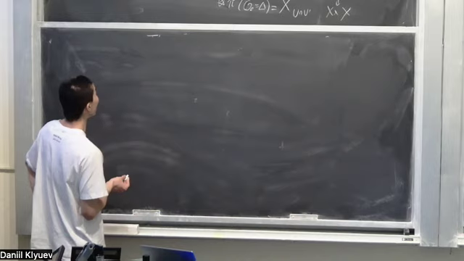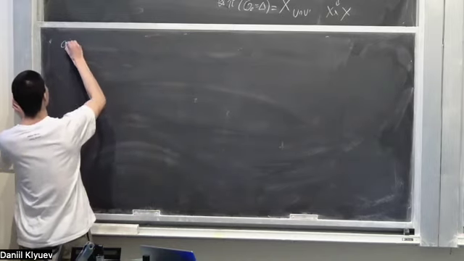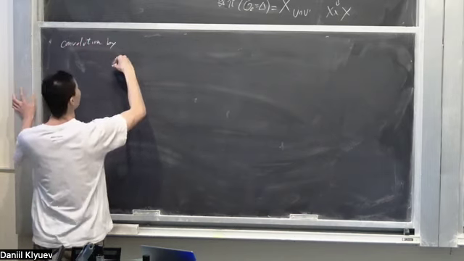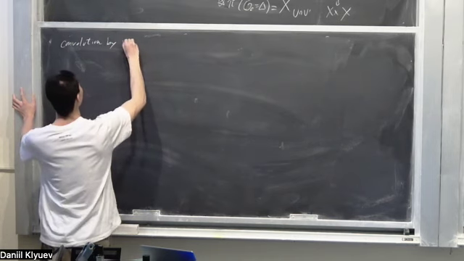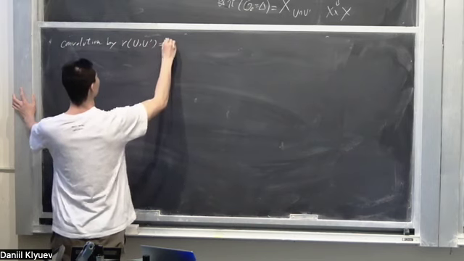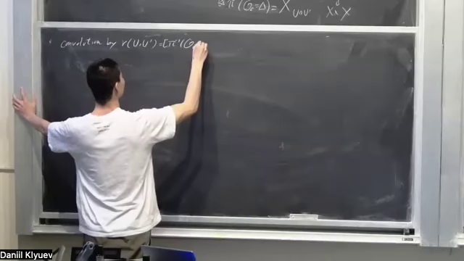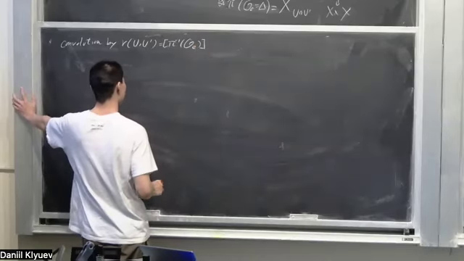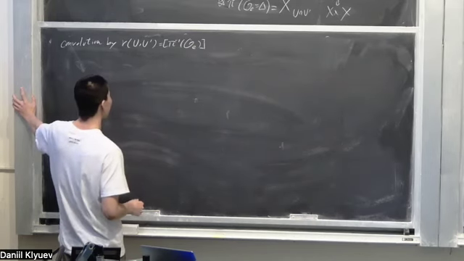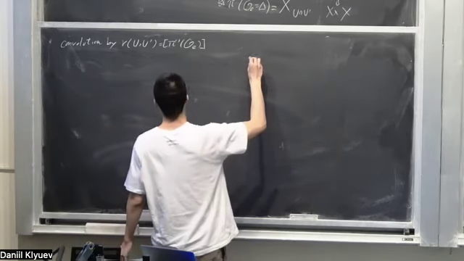So what happens now is convolution by RU prime, which is pi inverse of the diagonal orbit. So let's draw the same picture that Mingzi drew last time.